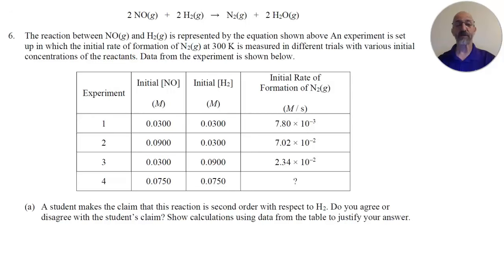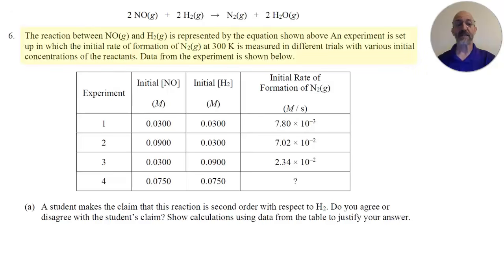But a big difference between question 5 and question 6 is that in question 5, we were given the rate law for the reaction. But here in question 6, we are not given a rate law. In fact, in part C of question 6, we actually have to write the rate law using the experimental data to determine the order with respect to each of these reactants. So it's a little different here in question 6.